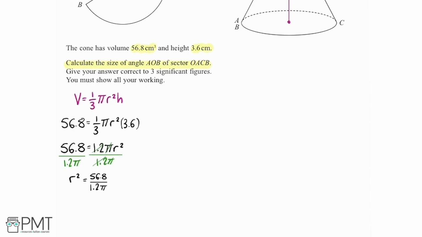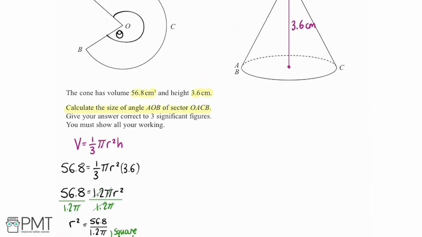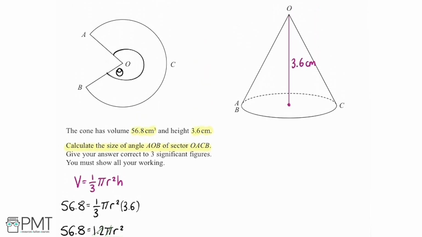Now last but not least, we can square root both sides, giving us 3.882 if I write that to 3 decimal places. Fantastic, so now we can add that on to our diagram up here. So the radius is this bit here, and that's 3.882 centimeters.